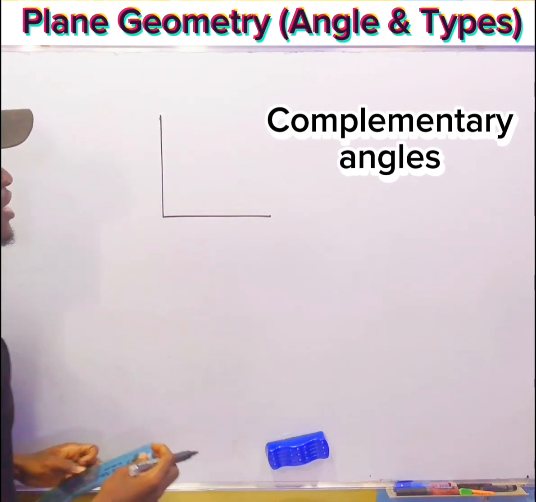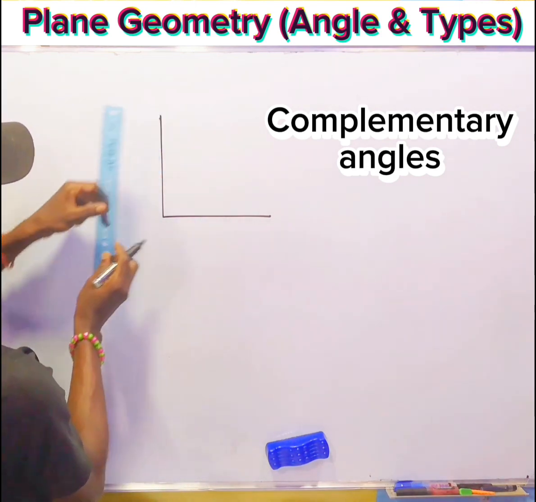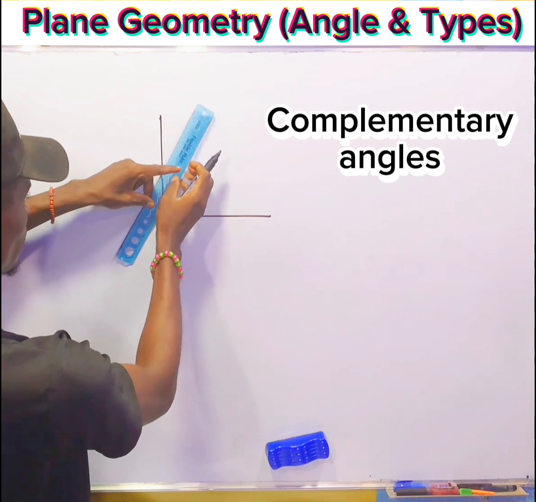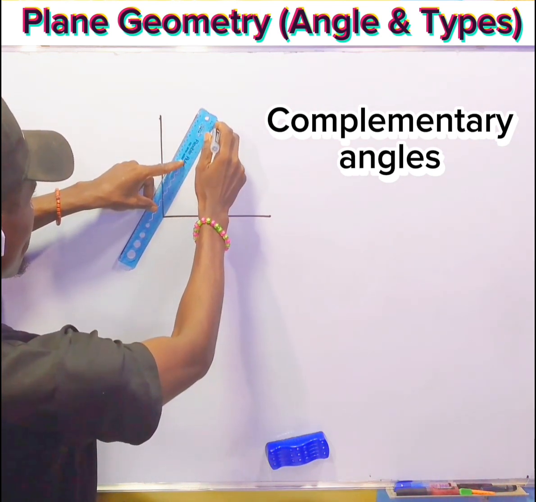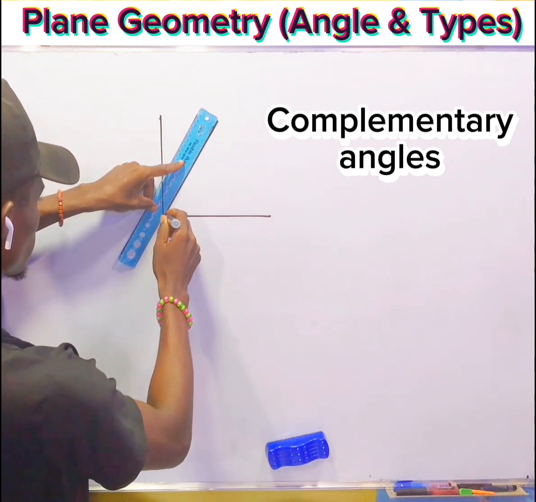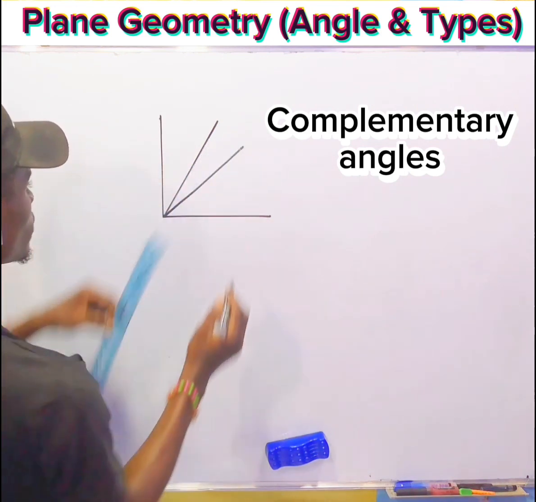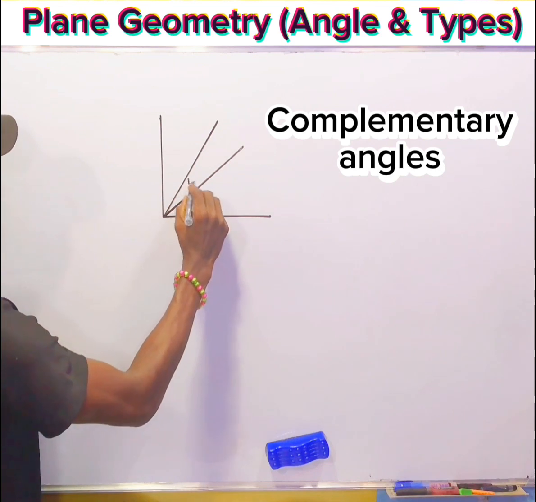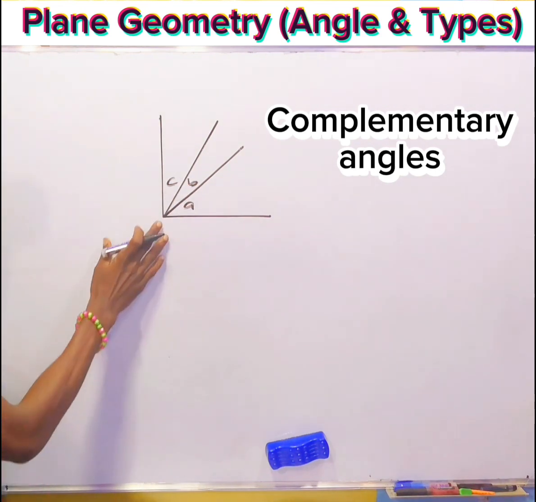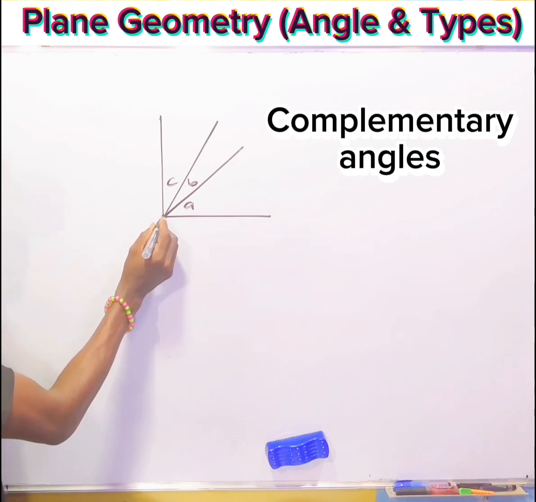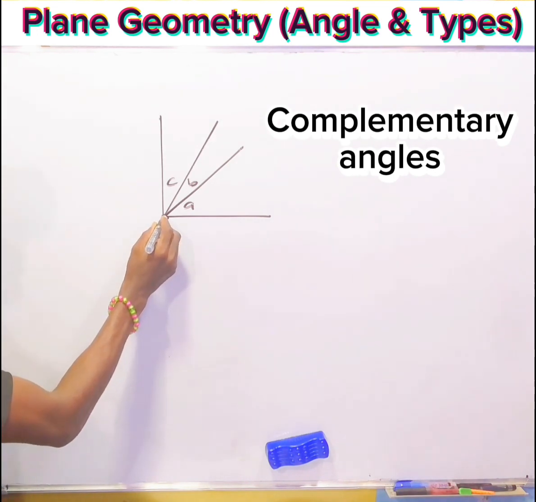For instance, if we have this shape, which is a right angle shape, and we have adjacent angles formed from this right angle, let's say A, B, and C. All these angles are said to be adjacent angles because they have the same vertex, the same origin.